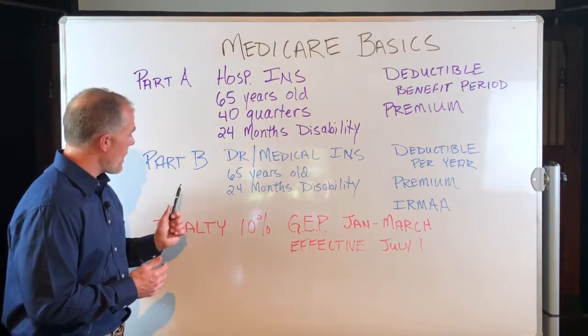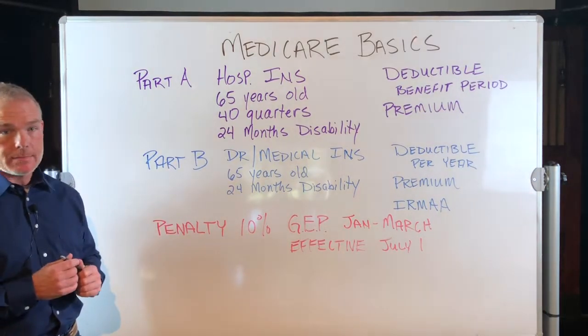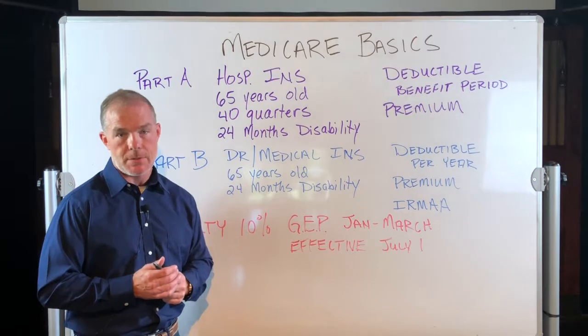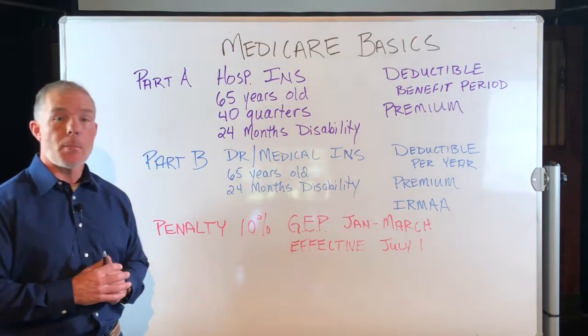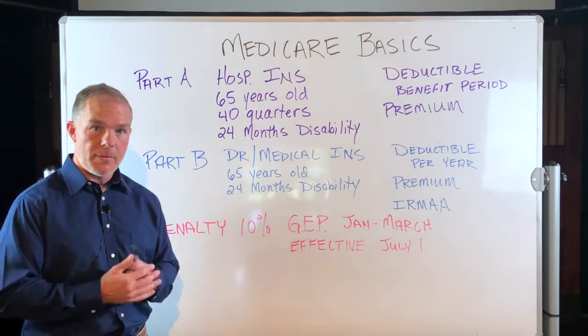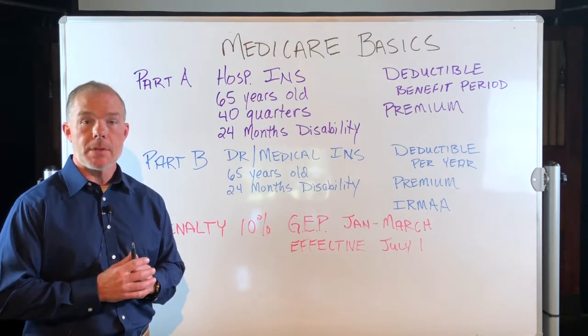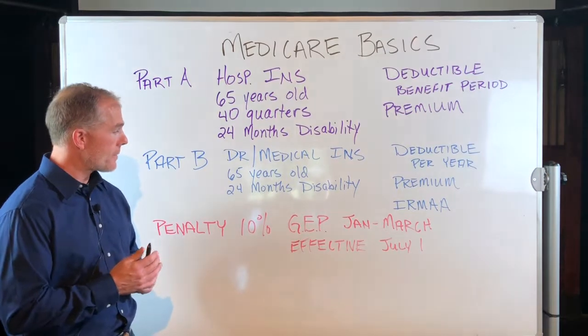The second part of Medicare that we're going to talk about is Part B. That's also known by some people as doctor insurance or medical insurance. In order to qualify for Part B, you need to be 65 years old or have been on Social Security disability for 24 months.